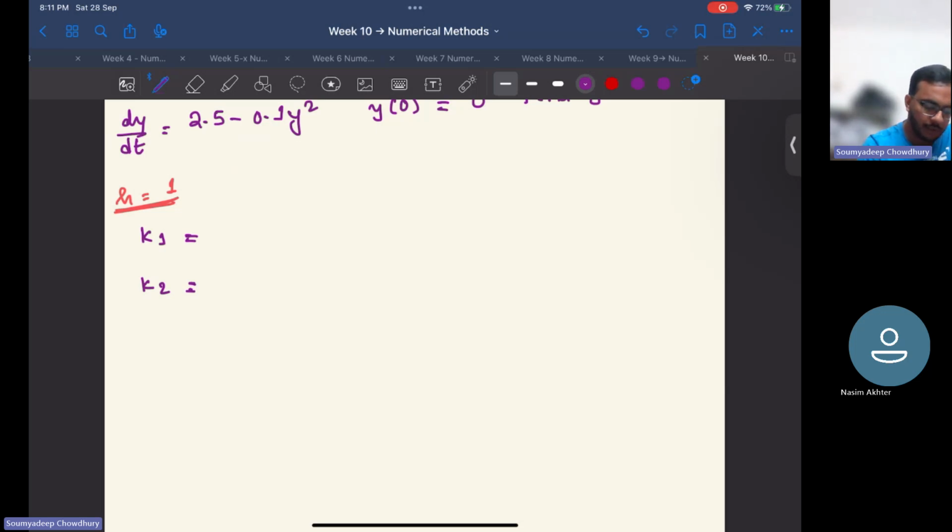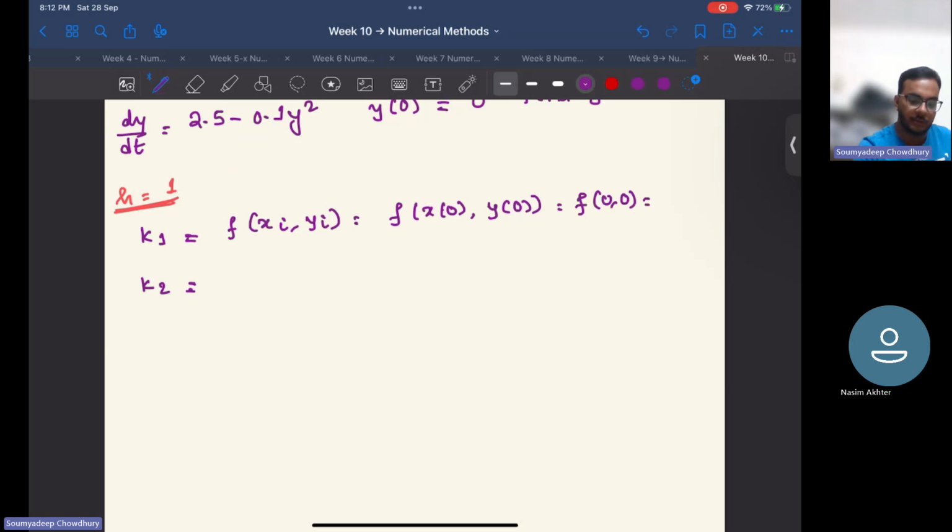K1 is f of xi, comma yi. I is presently 0, so it is f of x of 0, y of 0, that is f of 0, comma 0. So it is basically 2.5.